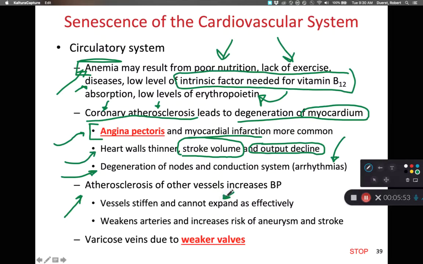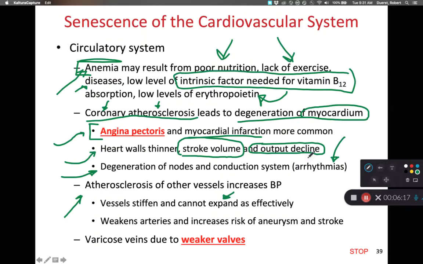And if this happens with the elastic arteries, those really big arteries really close to the left ventricle, that means that individual is going to have a harder time accommodating for systolic versus diastolic changes in blood pressure. But even if it happens to the arteries at large throughout the body, that means that individual is going to have a harder time adapting to fluid volume fluctuations in their body.